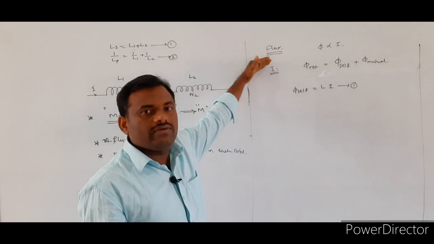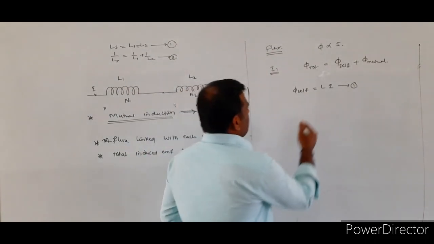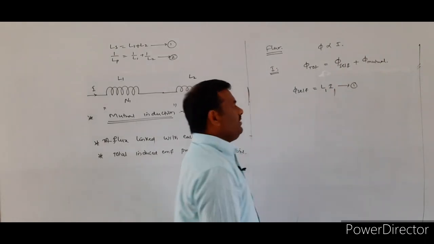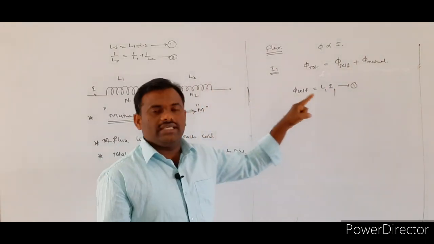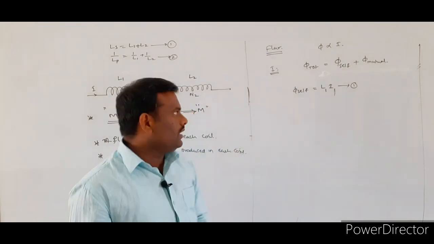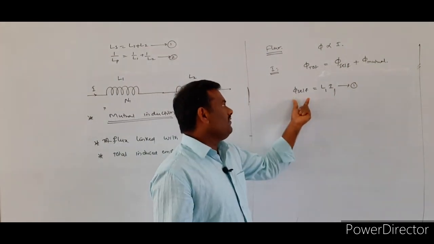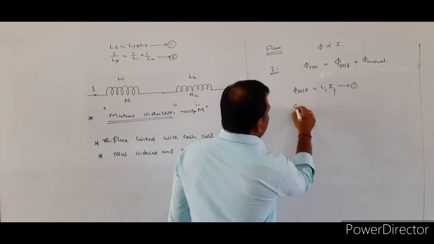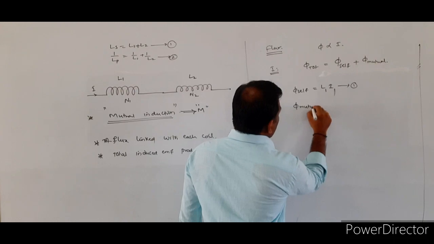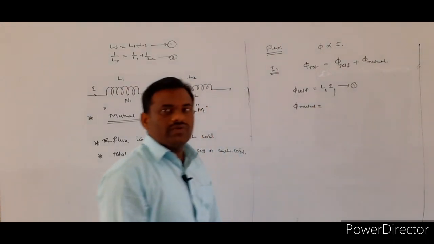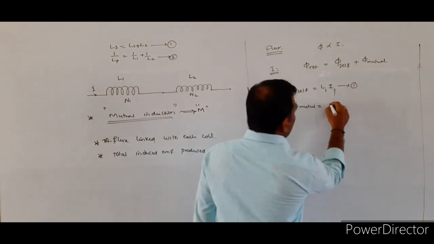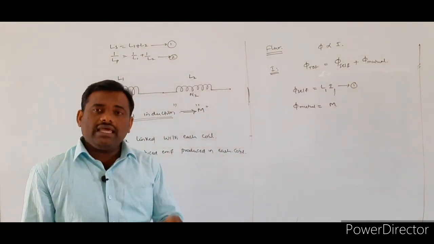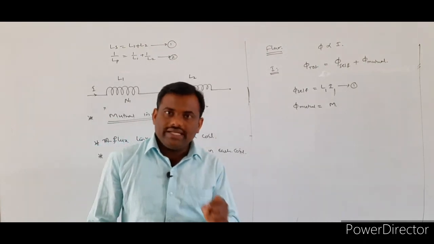Here we are considering the first coil, so the flux produced due to self-induction is phi self-induction equal to L1 I1. Next, the magnetic flux due to mutual induction is equal to M into, so what is M? The coefficient of mutual induction.